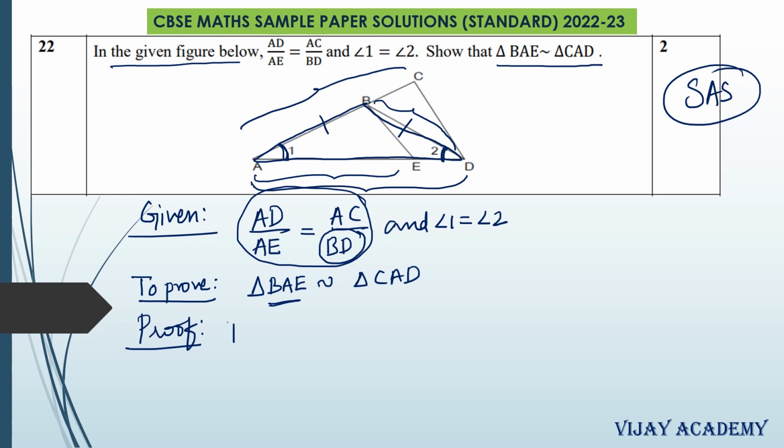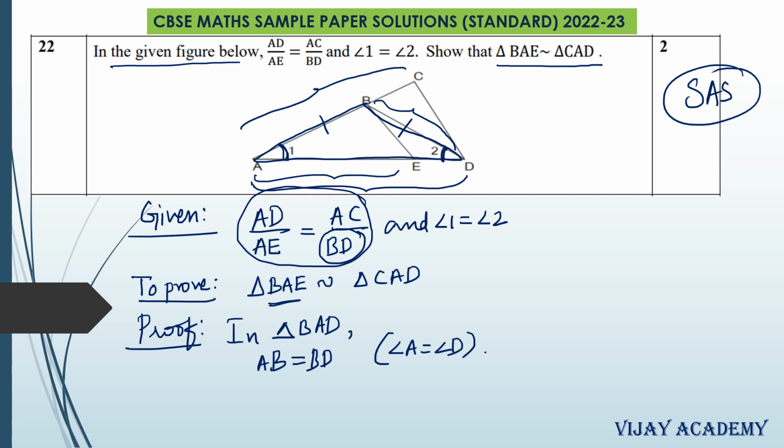So in triangle BAD, we can write that AB is equal to BD. The reason is angle A is equal to angle D.